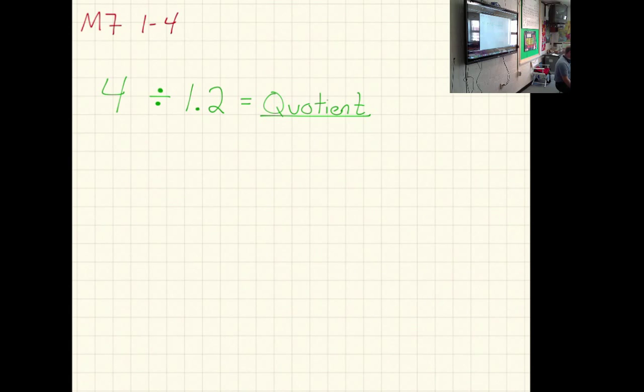All right, dividend and divisor. What do we think here? Yeah. The dividend is the 4. The bigger number. But it doesn't really matter. You can have a bigger number here. We don't always want to refer to it as bigger numbers. Dividend and divisor. What do we think? Landon?